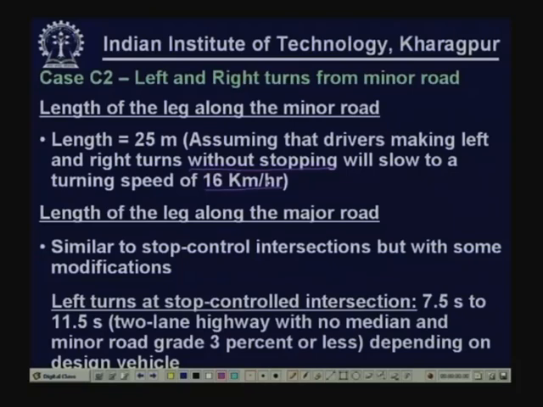That means, vehicles which are taking turn either to the left or to the right will further reduce speed, which will be acceptable or comfortable for making the turns, and that speed is 16 km/h. So, considering this aspect, the length of leg along the minor road is recommended as 25 meter. Now, let us see how the length of leg along the major road can be calculated.